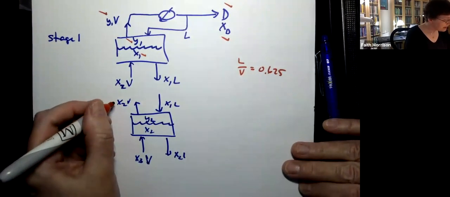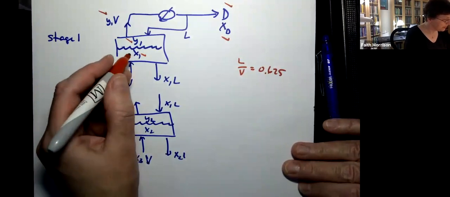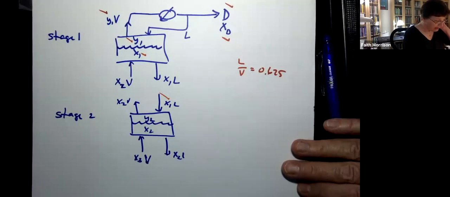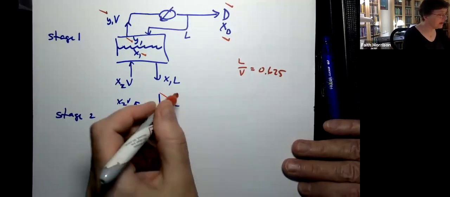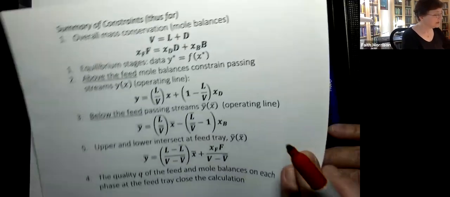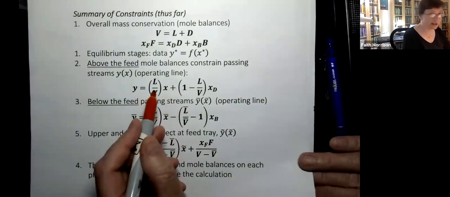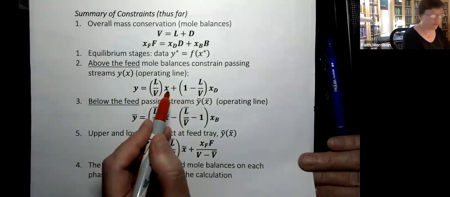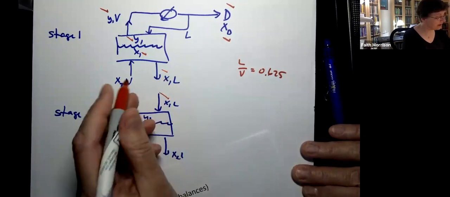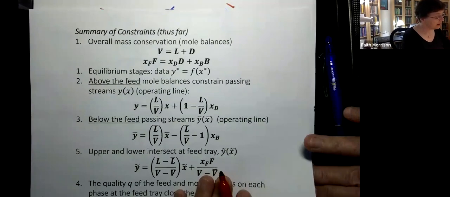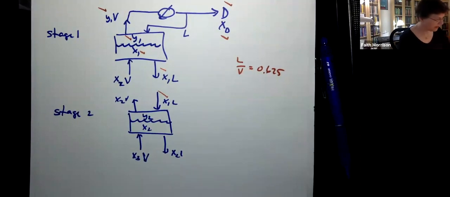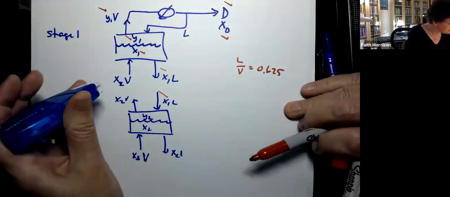We know x1. Then from the passing stream calculation, this mass balance, if we know one of the two passing streams, and we know x1 up here, then we know the other one. So I wrote an x here, and that should have been a y, my mistake here.